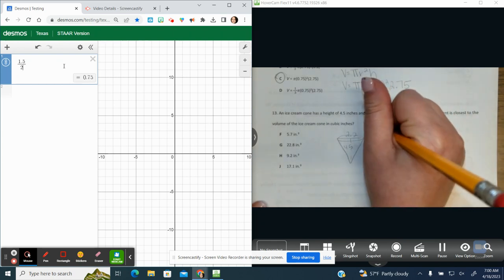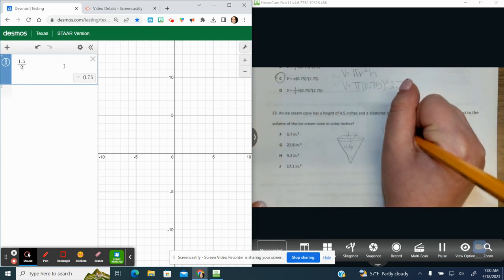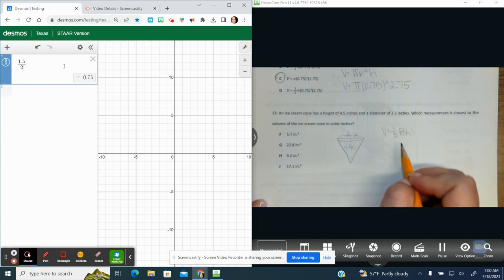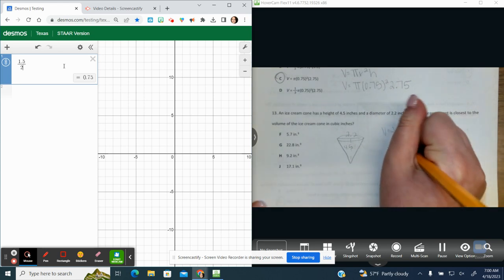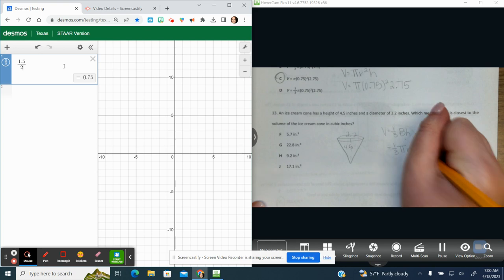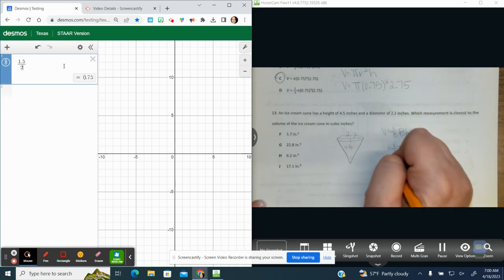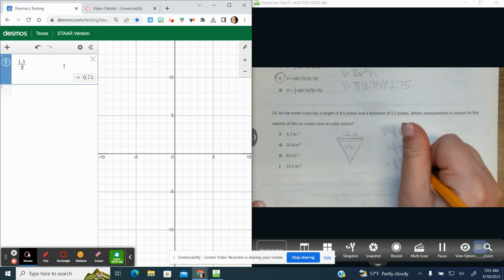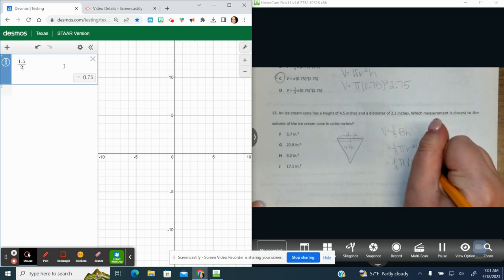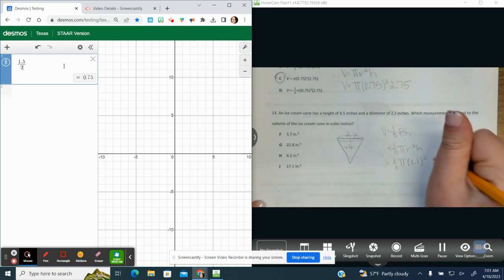And our formula is V equals 1/3 big B little h, where we plug in pi r squared for big B. So 1/3 pi, half of 2.2, because 2.2 is our diameter, so 1.1, squared, and then times 4.5.